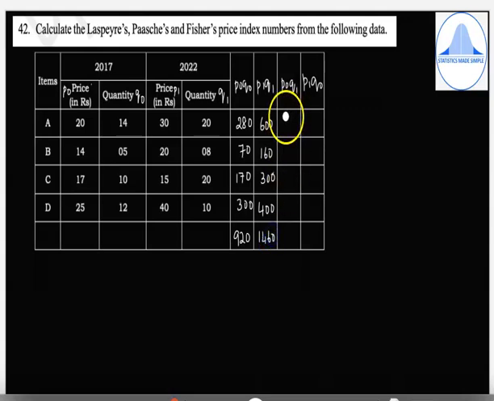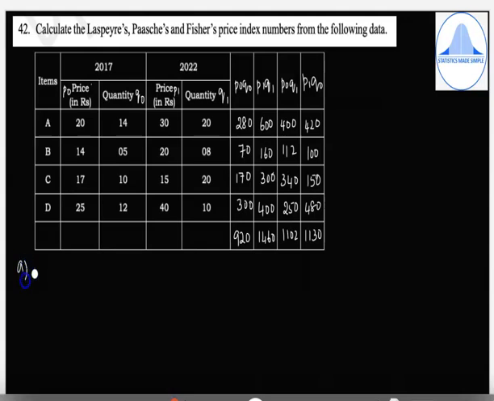Similarly, find out P0, Q1, that is 20 into 20, so 400. Similarly, the other totals 112, 340, 250 and 1102. Next, find out P1, Q0, that is 30 into 14 is 420, 100, 150, 480 and 1130.